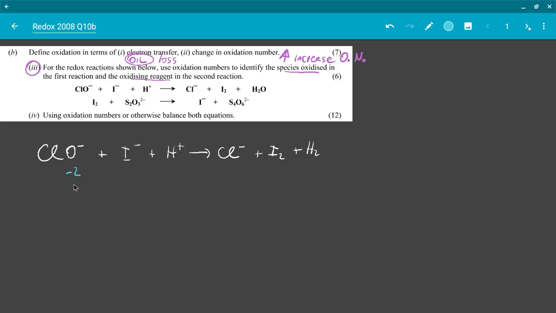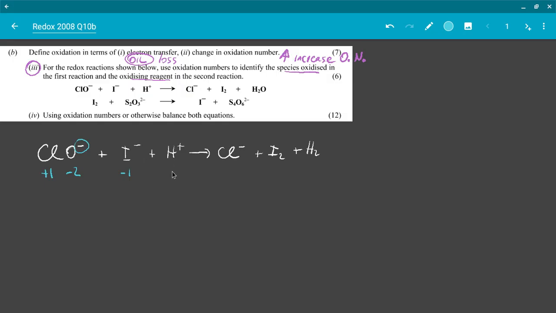Oxygen's -2. It's the more electronegative of the two, so it's still its usual -2, whereas chlorine, a halogen, normally -1, is now +1 because the overall charge of this molecule is -1.